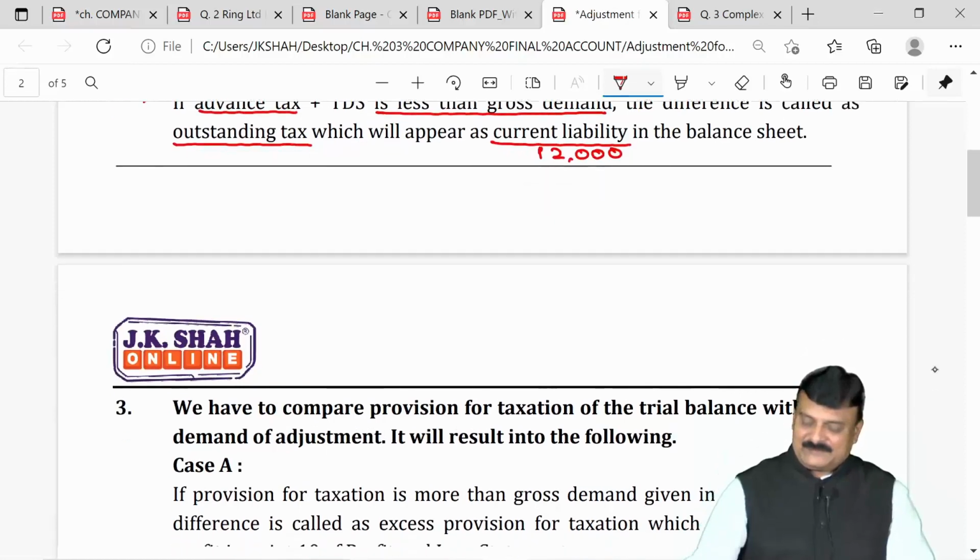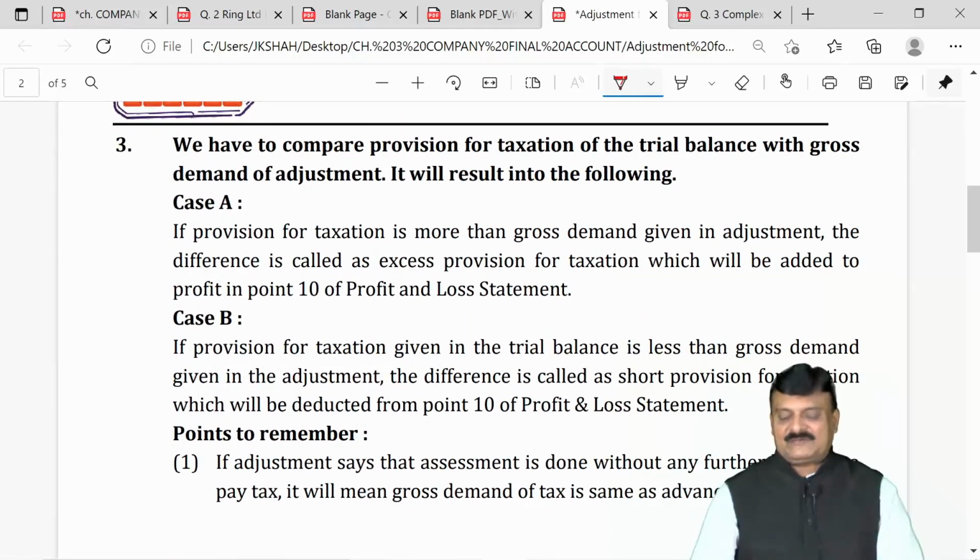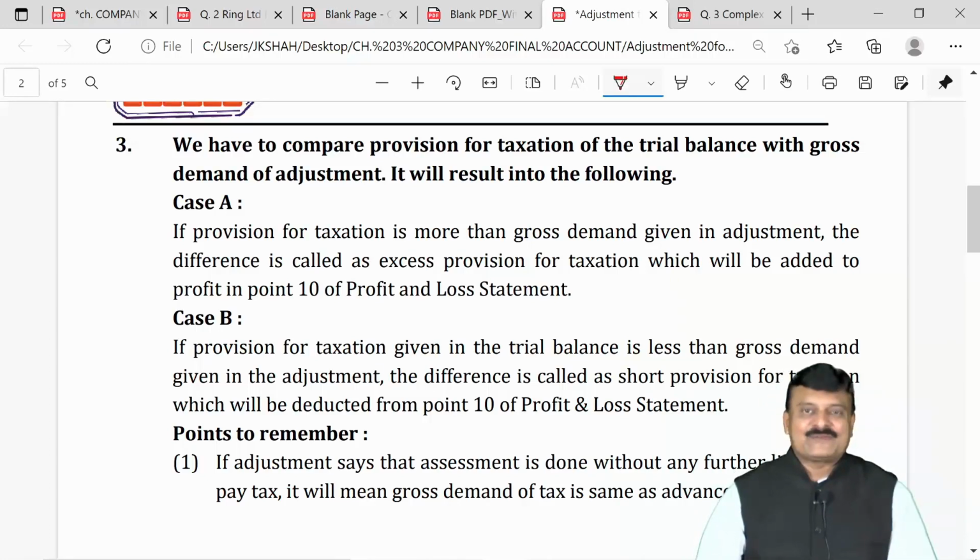The next comparison, we have to compare provision for taxation of the trial balance with gross demand of adjustment. It will result into following. Case A, if provision for taxation is more than gross demand given in the adjustment, the difference is called excess provision.